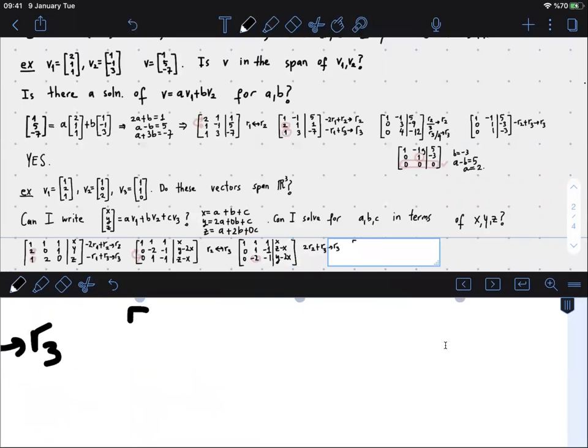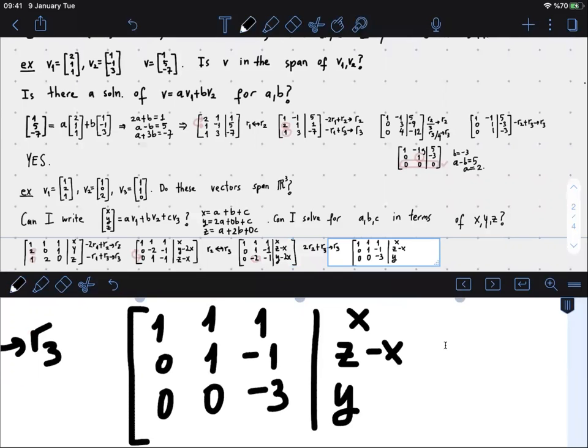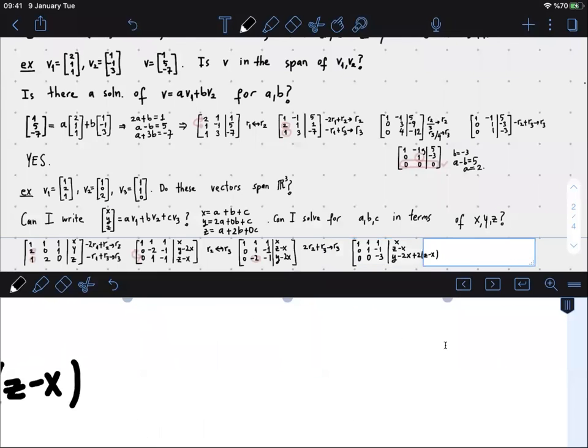I get 1, 0, 0, 1, 1, 0, and 1, -1, -3, x, z minus x, and y minus 2x plus 2 times z minus x. Is this good?